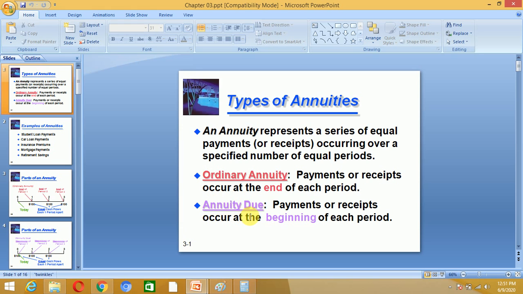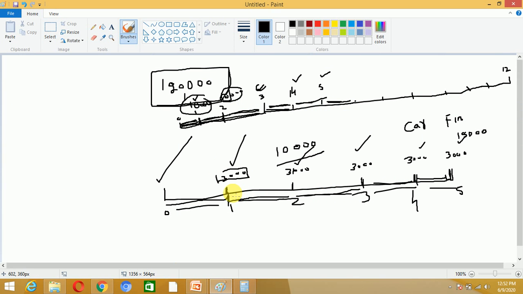The next one is annuity due. Payments or receipts occur at the beginning of each period. Means we are making payment not at the end. Suppose these are 5 years: 0, 1, 2, 3, 4, and suppose this is 5.